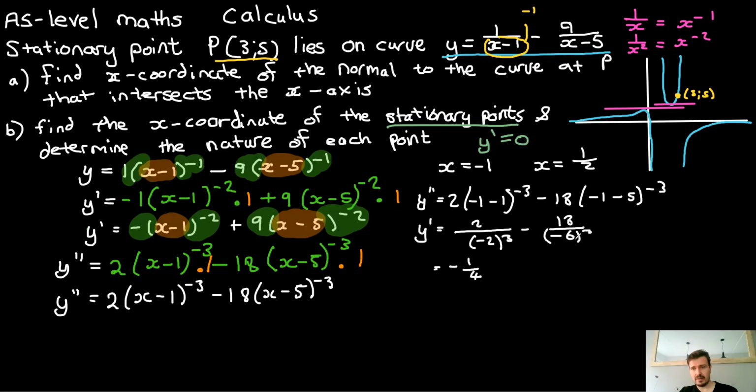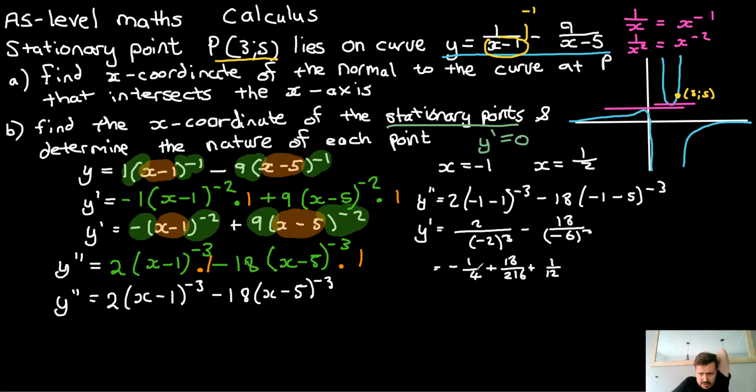This bit here will be -36. Sorry, there'll be 3 of them, so -216. And so -18 plus 18 over 216, which is getting 1 over 12.